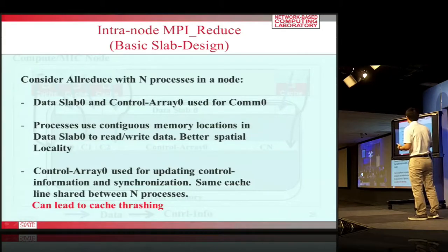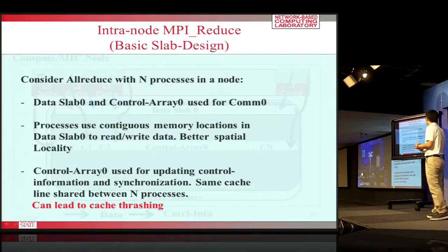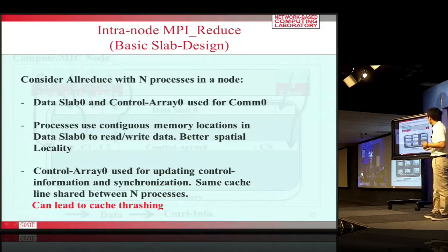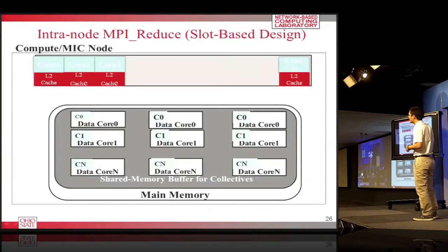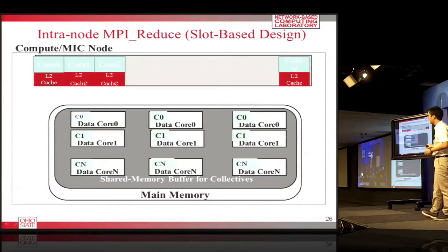However, the control array used for updating control information and synchronization will be shared by all the processes in the communicator. So it will lead to cache thrashing. We can give another design scheme to optimize this, for example, the slot-based design. Here we show the column-based method.